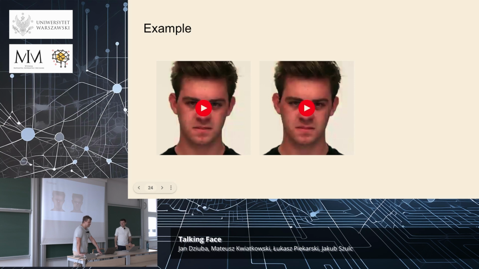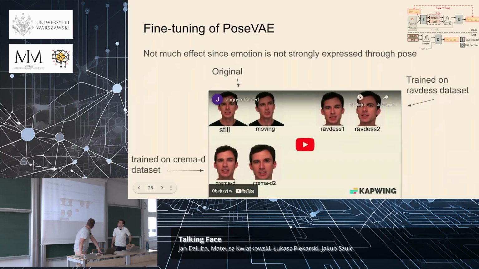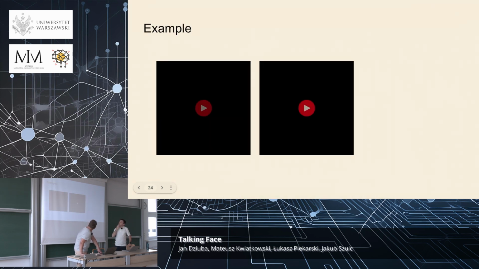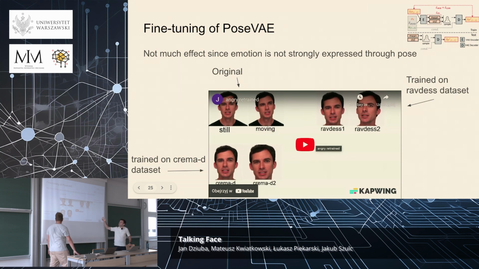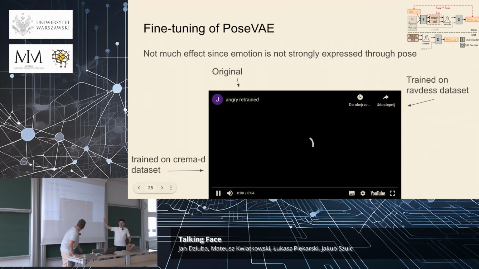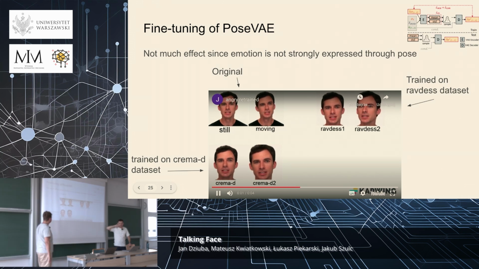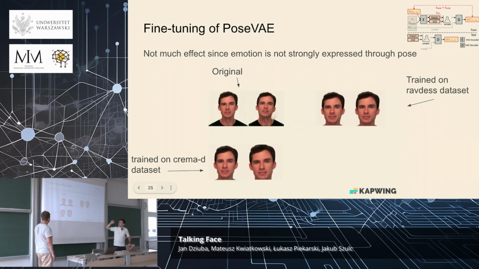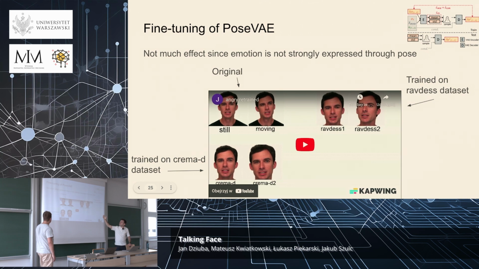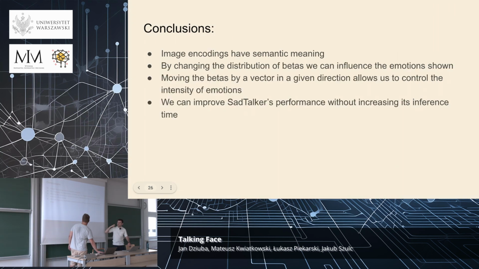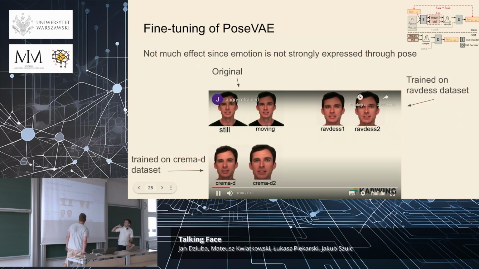That's the main theoretical problem. I should point out that the code was pretty bad. We also had to fine-tune the second small model used in SadTalker, called PoseVAE, because when we had those stronger emotions, the position of the head was wrong.